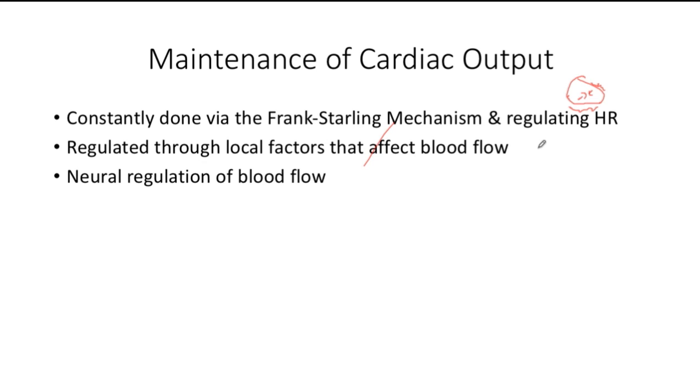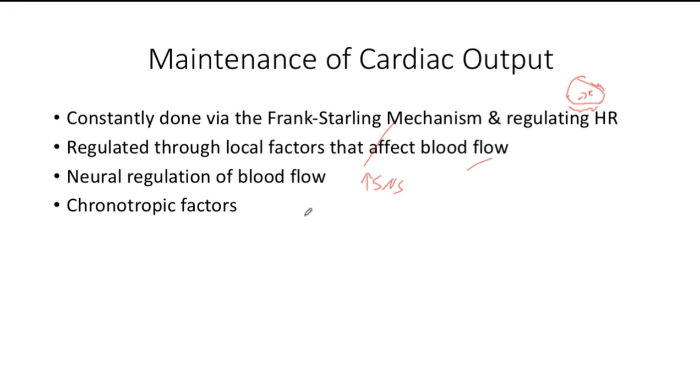The neurological regulation of blood flow as well, as I mentioned, when we are stressed out and we need to get our cardiac output up, whether through exercise, let's say, we have an increased SNS outflow to veins, causing them to constrict, squeezing more blood back to the heart, causing that increased return that I talked about.